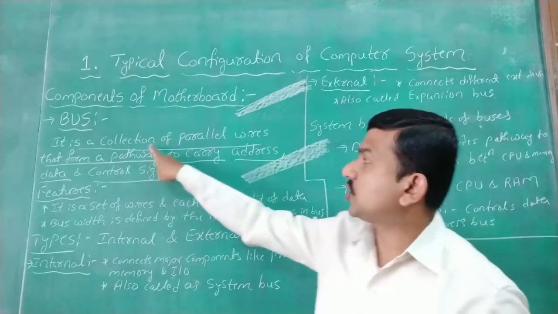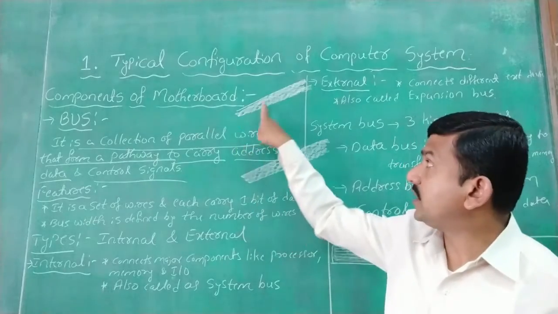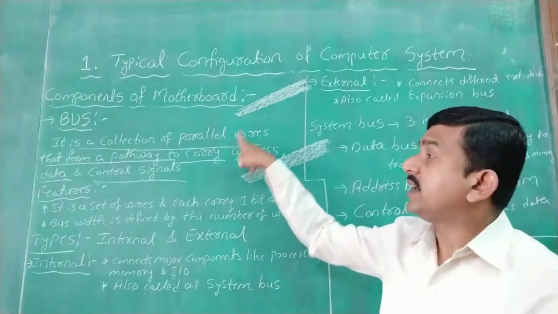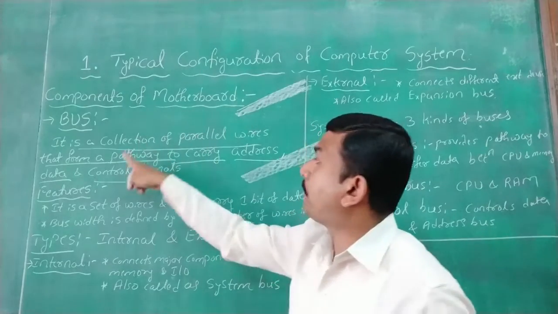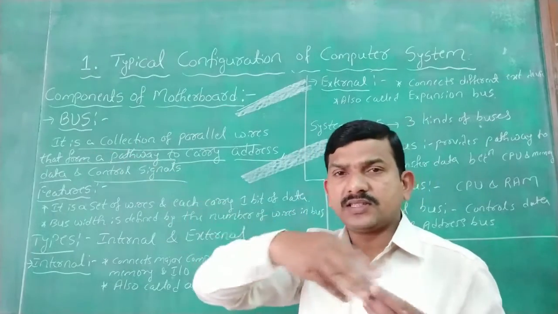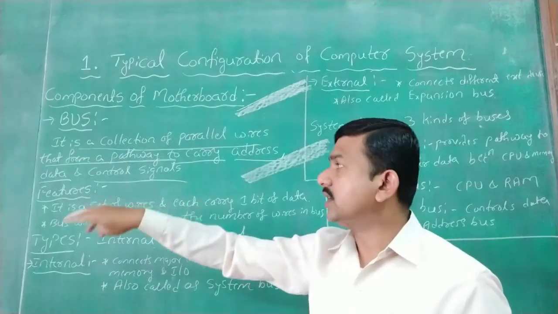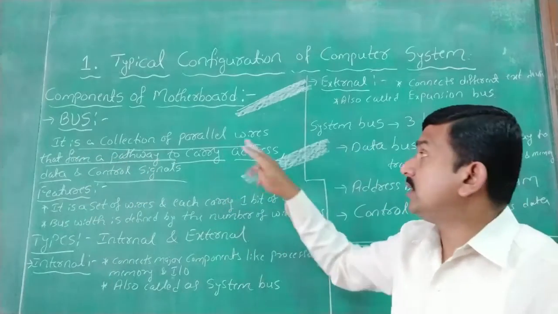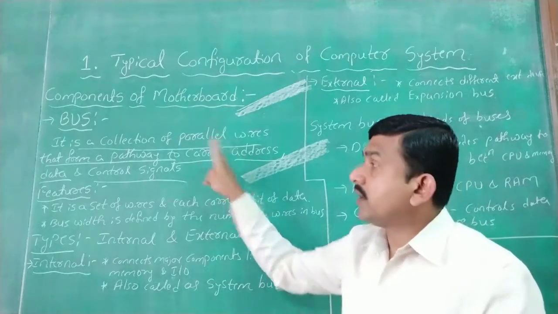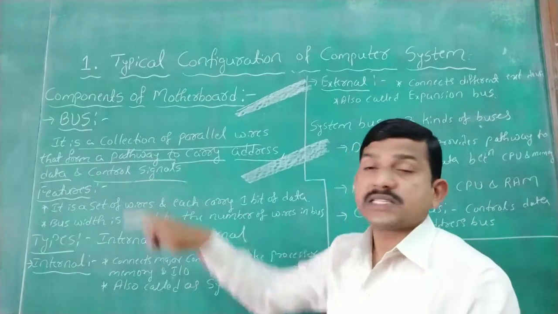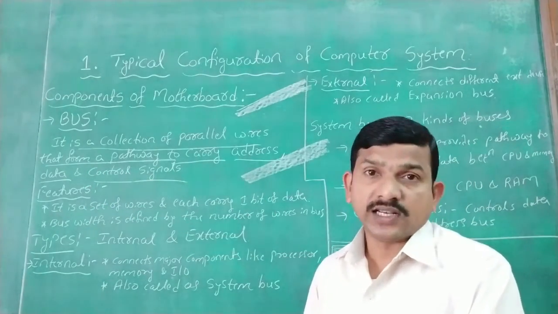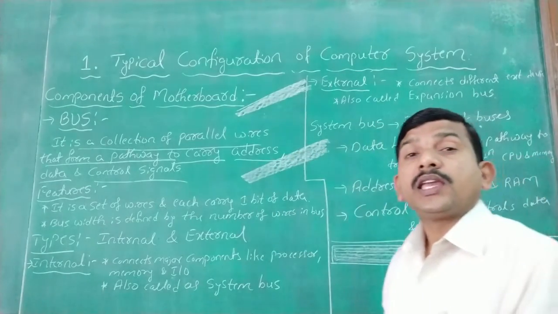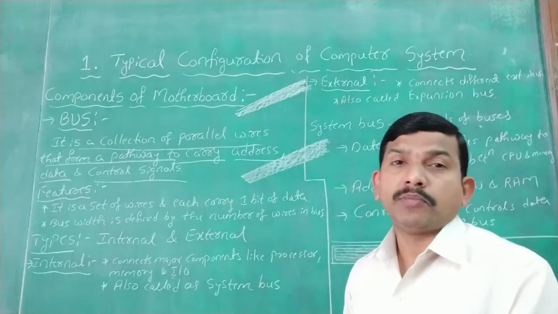So it is a collection of parallel wires that forms a pathway. Pathway means it makes a path. It is a pathway to carry address, data, as well as the control signals. Everything is carried by these buses. This is one of the important components on the motherboard.